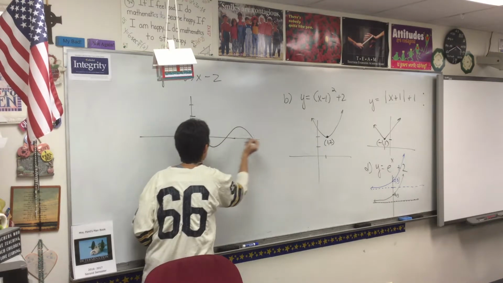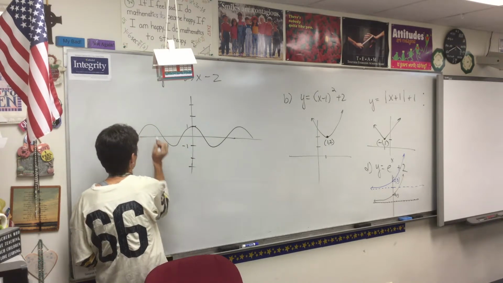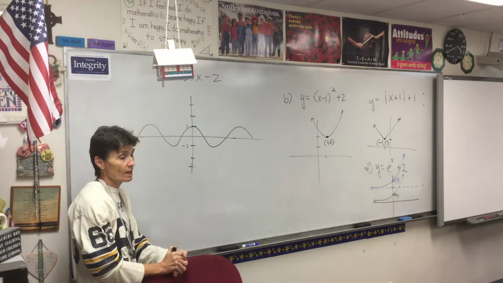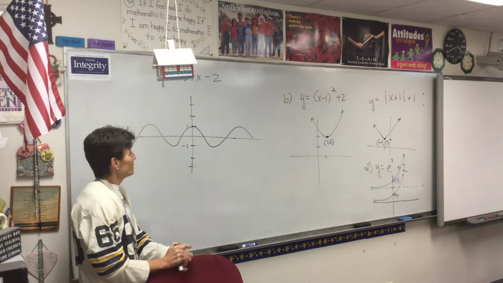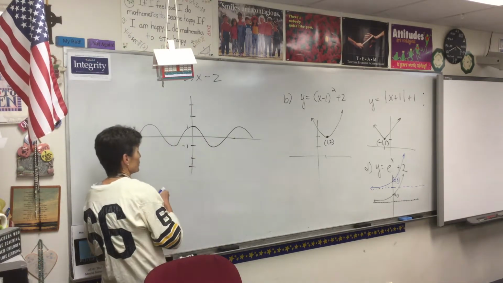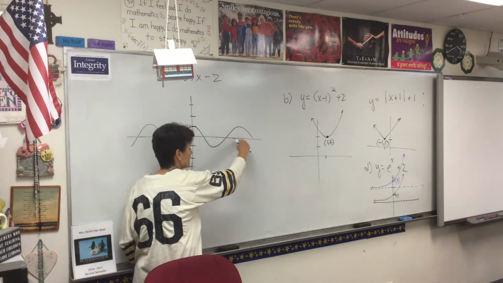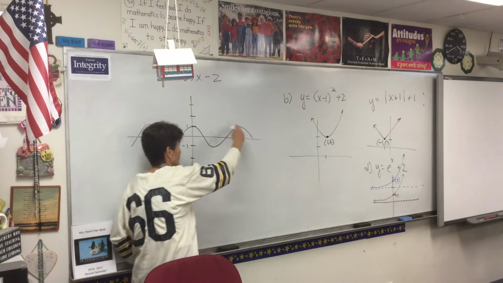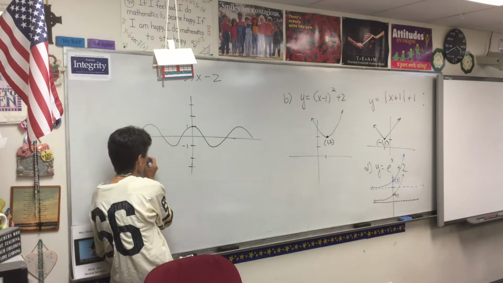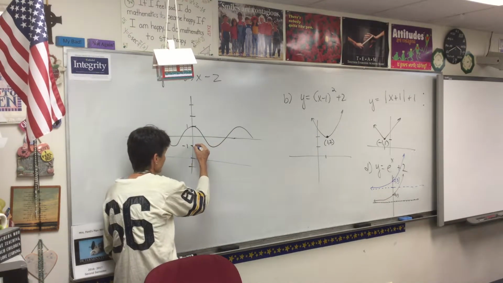So here's my cosine. That's my regular, normal cosine. Now I am going to pick it up and drop it down 2. So this line, it's not an asymptote, but it's the line that it oscillates across, is actually going to be down here now. And the top of the hill is going to be here.